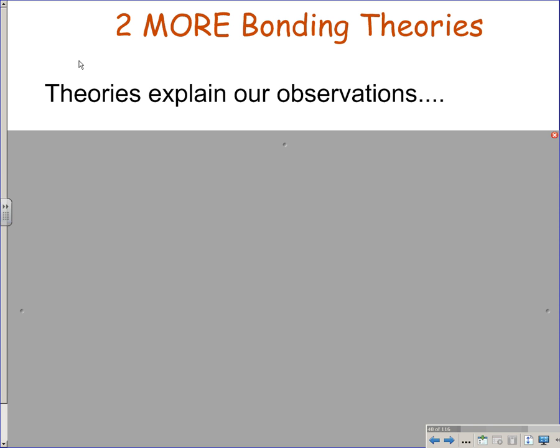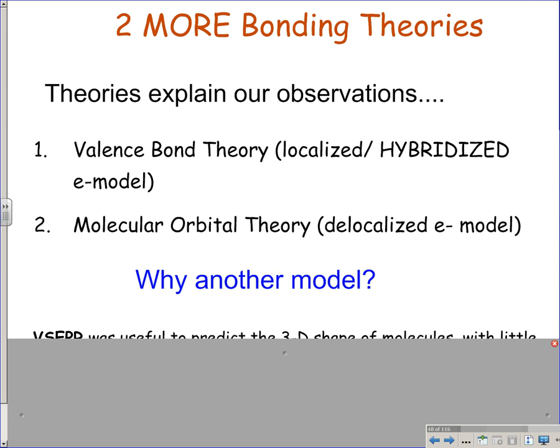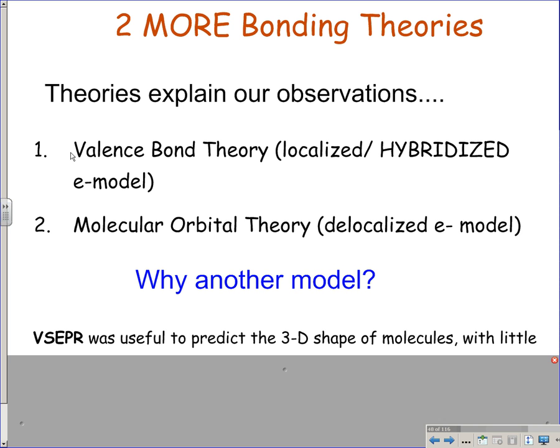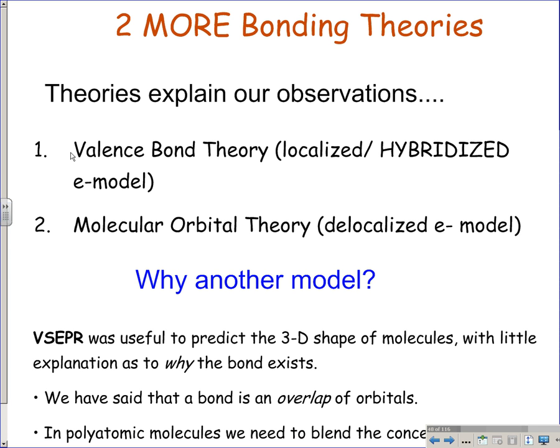The VSEPR theory, the valence shell electron pair repulsion theory. It tells us that electron pairs push things away and make these funky shapes like seesaw and T-shape. But VSEPR theory does not explain double bonds very well. So we've come to the conclusion that there are other models out there that we need to explore. The first one we're talking about today is called the valence bond theory. It deals with hybridization.